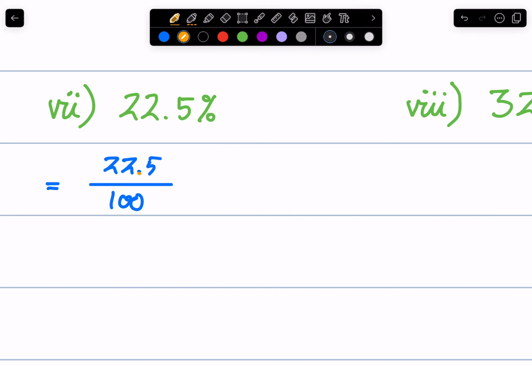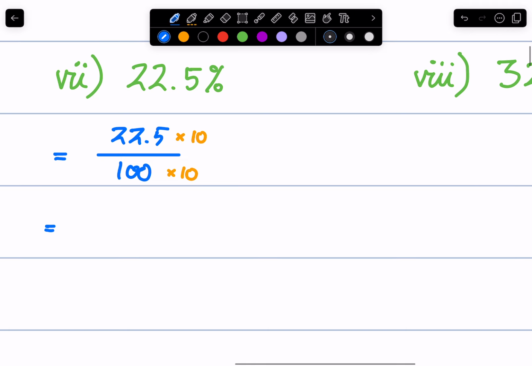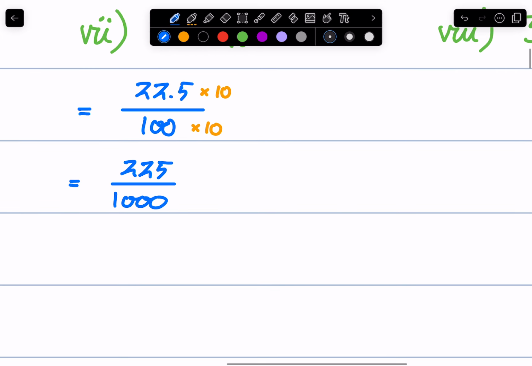And we do that by moving the decimal place 1 to the right. In order to do that, we simply multiply the numerator by 10. But because of equivalent fractions, if I multiply the numerator, I have to multiply the denominator as well. So this will give me 225 over 1000.